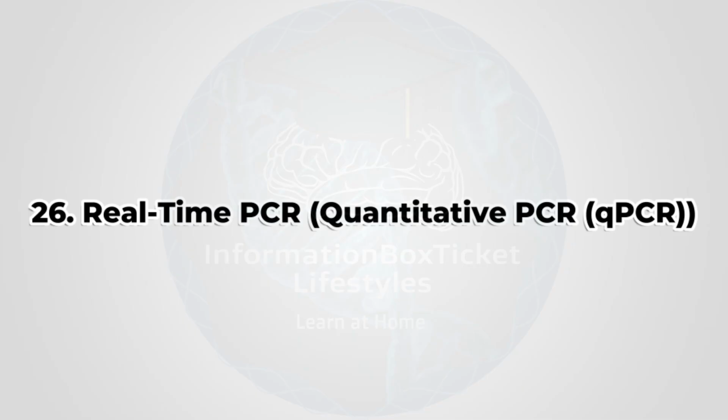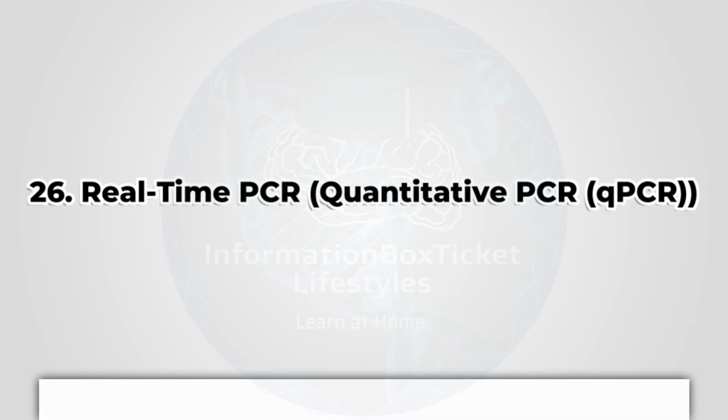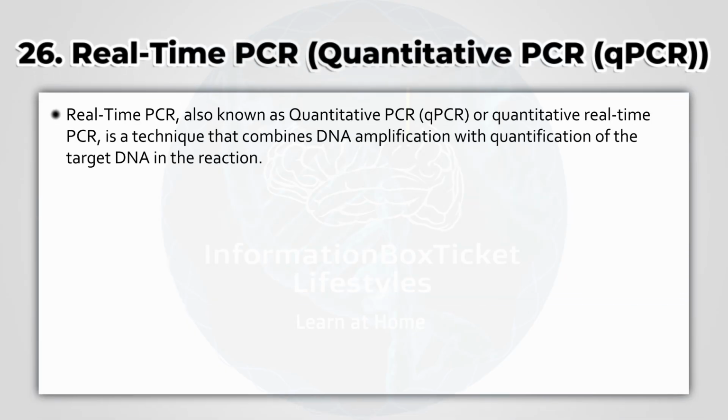26. Real-time PCR, quantitative PCR, qPCR. Real-time PCR, also known as quantitative PCR, qPCR, or quantitative real-time PCR, is a technique that combines DNA amplification with quantification of the target DNA in the reaction.